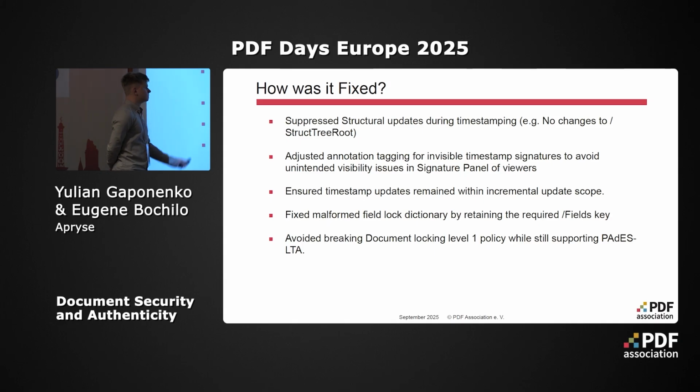First of all, you can just not perform any changes in the structure root. Yes, it's problematic and questionable because, again, your timestamp signature, which is present on the page, will no longer be visible. It's also possible to not make it visible at all, and then the structure tree won't be updated.